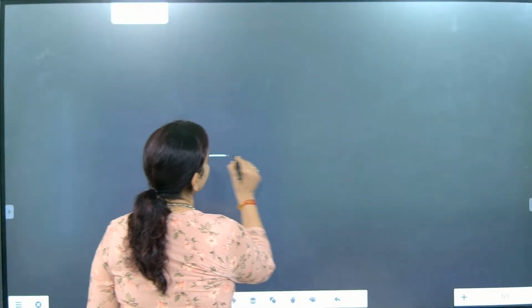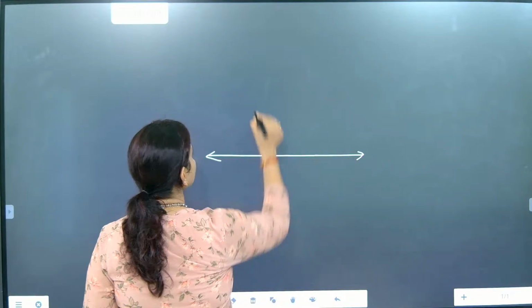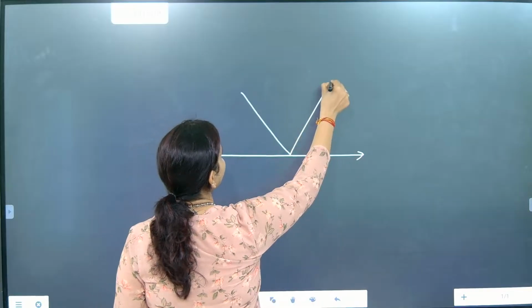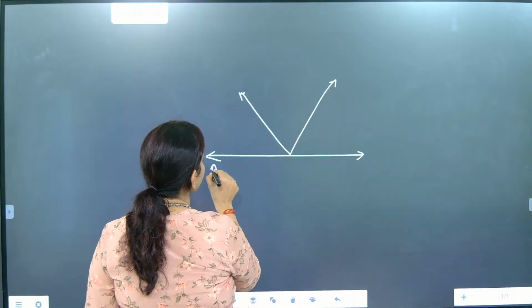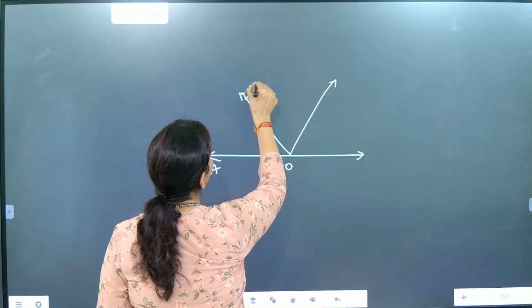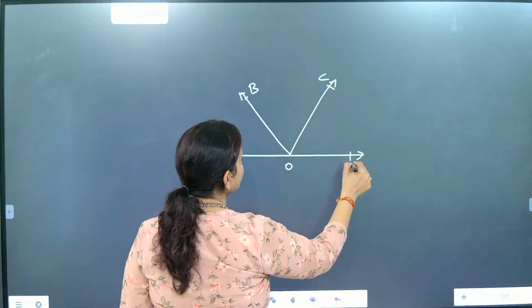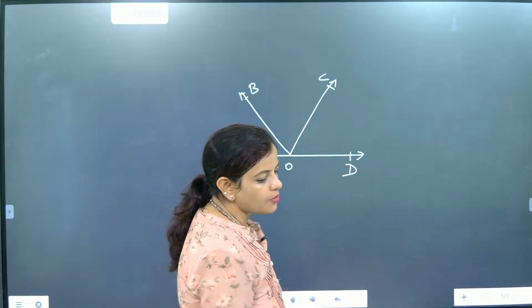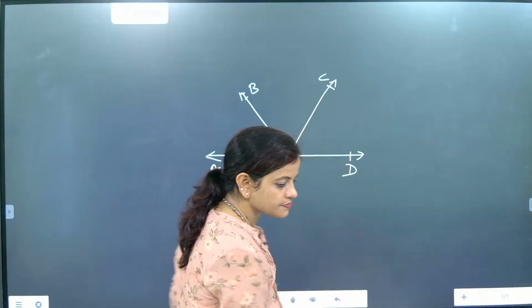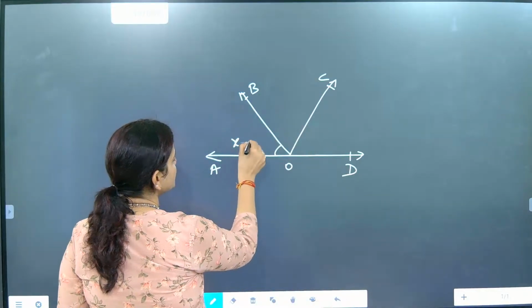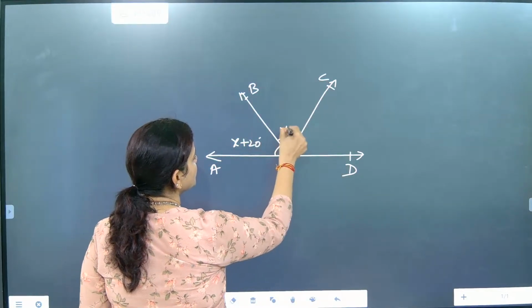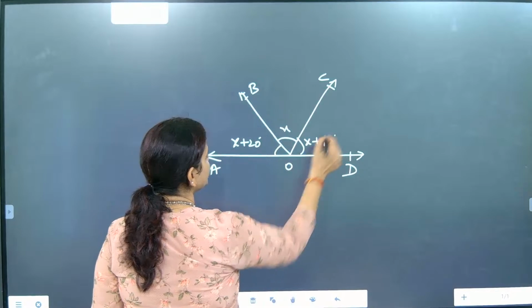Now look at it. A, O, B, C and D are there. Okay. Now come on. AB is a line. Start solving the question. The angles are x plus 20 and x plus 10 degree.